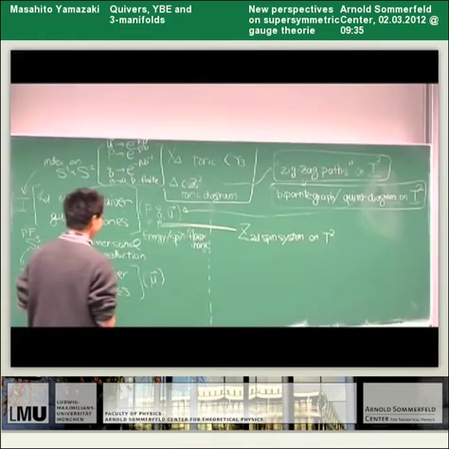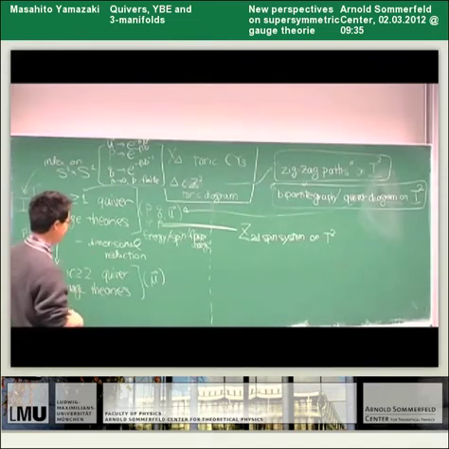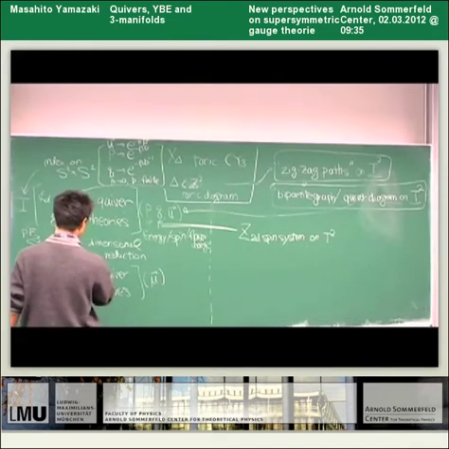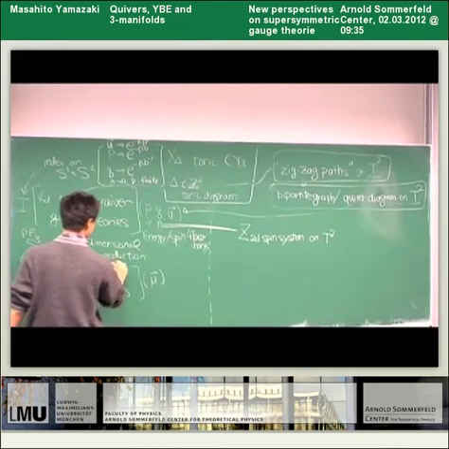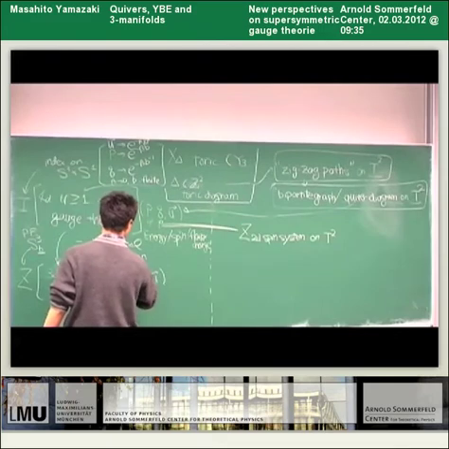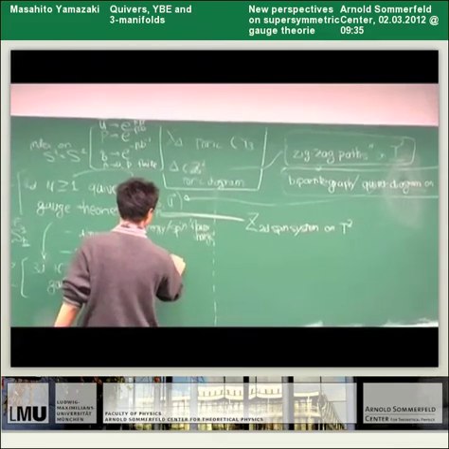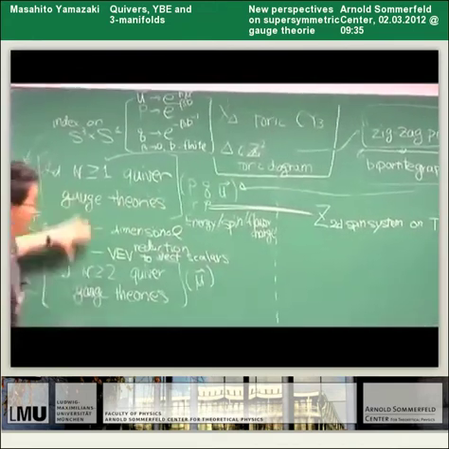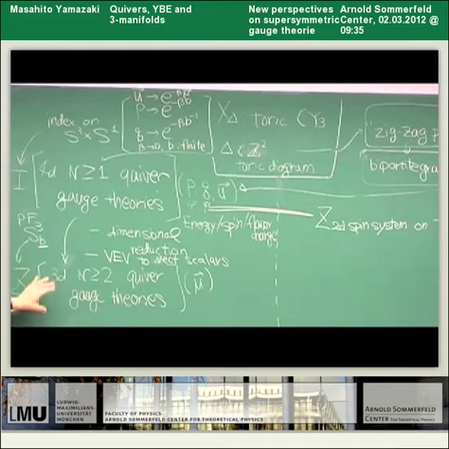And then there is a counterpart where I do the dimensional reduction, and also, not just doing the reduction, but giving a vev to some vector multiplet scalars. I will explain later, hopefully. But anyway, after doing some operations, I still obtain a 3D N=2 theory and some partition function.